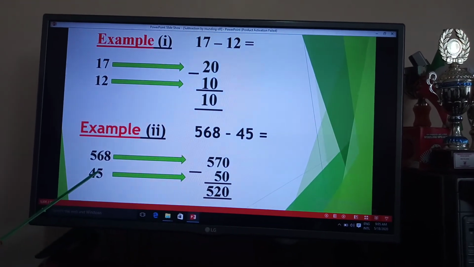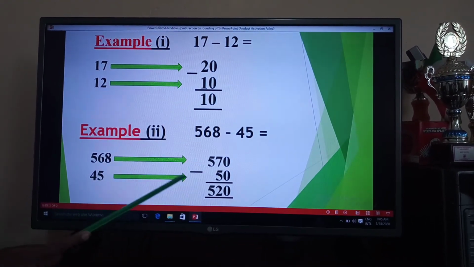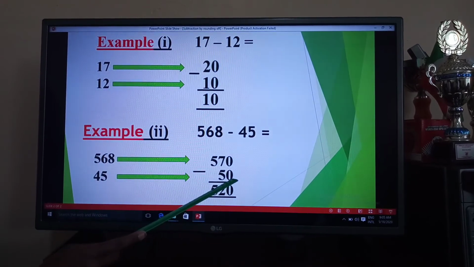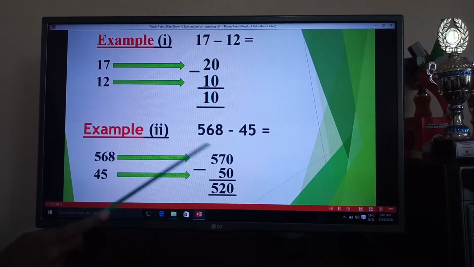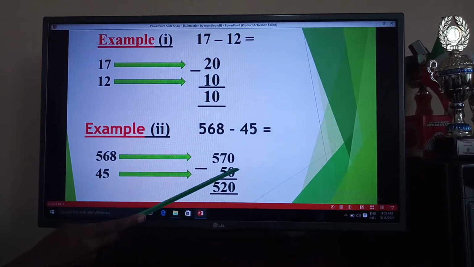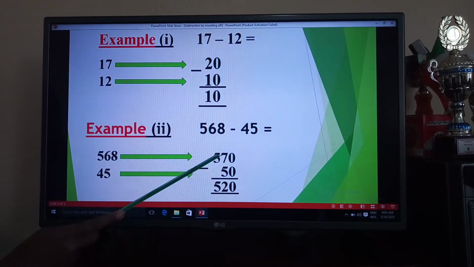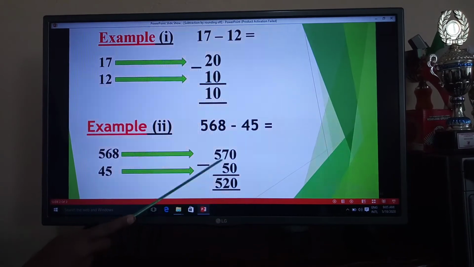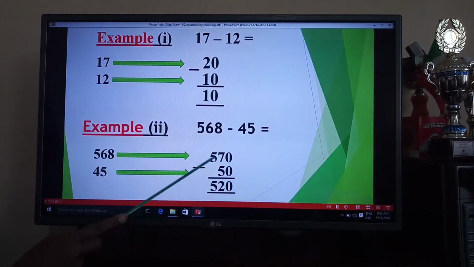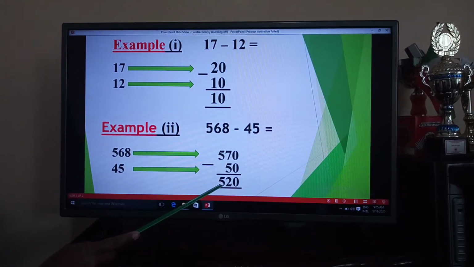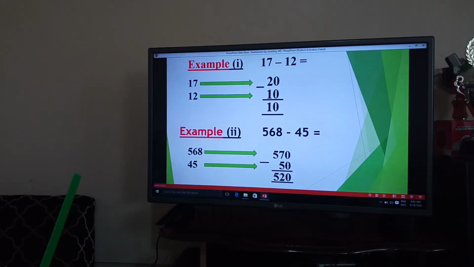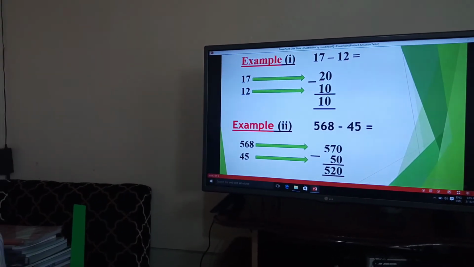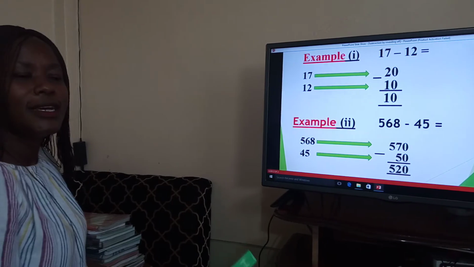And then 45 rounded off to the nearest tens becomes 50. After rounding off, we can simply take away: 0 take away 0 becomes a 0. 7 take away 5 becomes 2. And since we have no digit to subtract from 5, we simply drop 5. And our answer is 520. So it's as simple as that, girls.